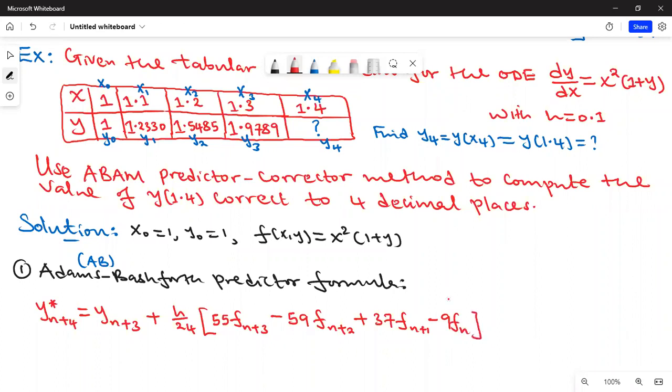This is the predictor formula. That will help you get the value of y(n+4) star.